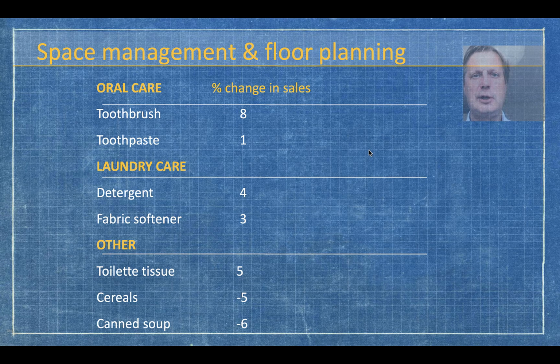So actually, instead of having powder, liquid detergent, and then softener, they put the softener in between the powder and liquid detergent. So they created a bundle. And as you can see, this increased the sales of both because it both highlighted the difference between the powder and liquid detergent, but it also helped people remember the softener.